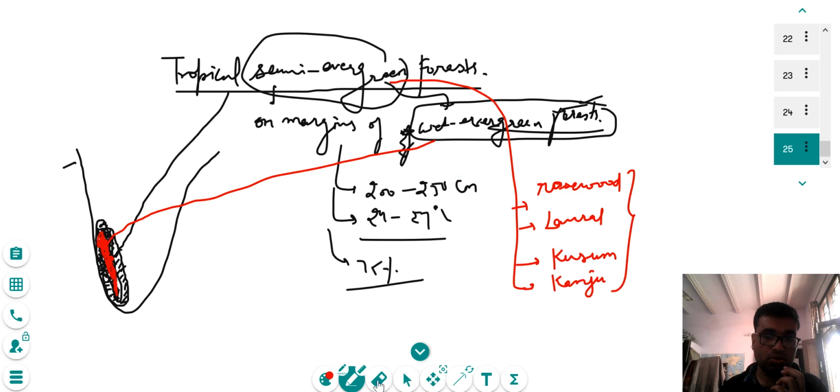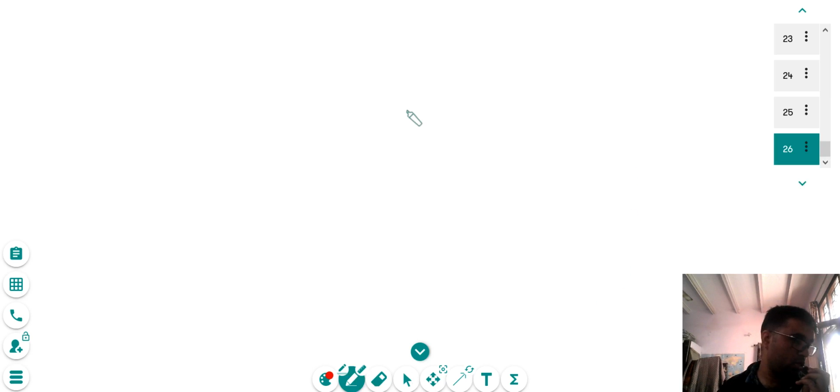Okay. So this was the second category, that is semi-evergreen forest after wet evergreen forest. So let us move to the third category, that is moist deciduous forest. Now next one is the tropical moist deciduous forest.